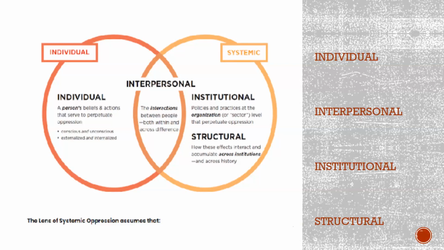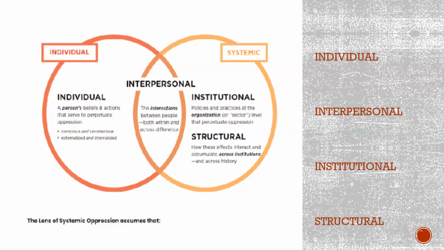And then at interpersonal level, we have interactions between people, both within and across difference, which is one of the main subjects we also spoke about in session 1, difference and its relation to inequality.